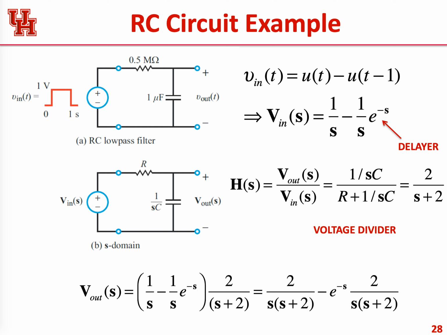Now 1 over RC is going to be equal to 2, right? So I'm going to get 1 over SCR, which is S divided by 2, okay, plus 1, and times Vin of S, which is 1 minus e to the minus S divided by S, okay?